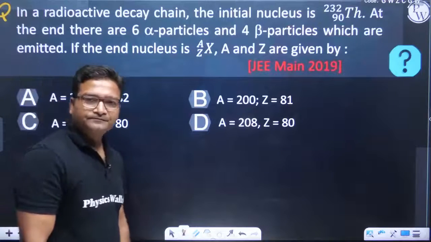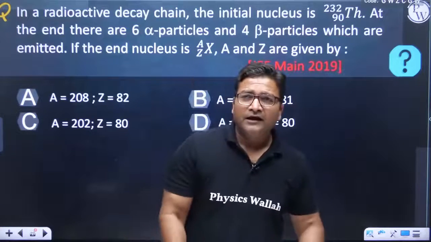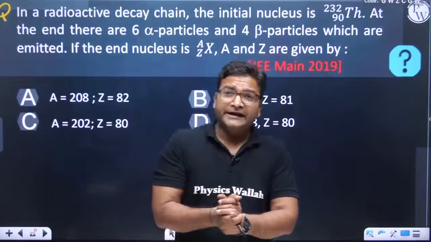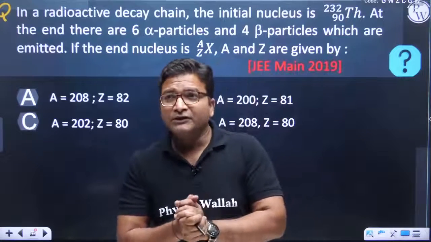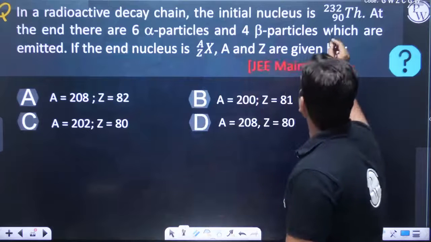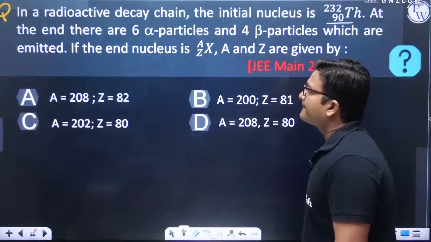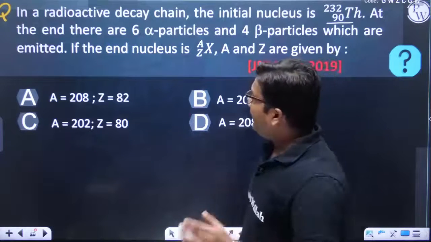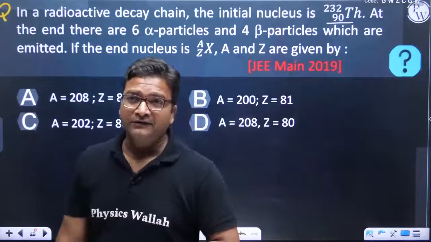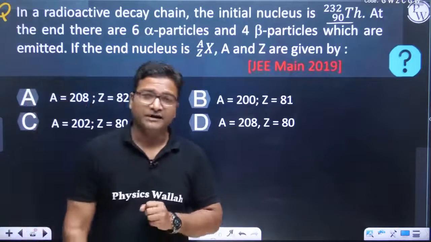Next question. In this question, they say in a radioactive decay chain, the initial nucleus is thorium 232, 90 and at the end there are 6 alpha particles and 4 beta particles which are emitted.